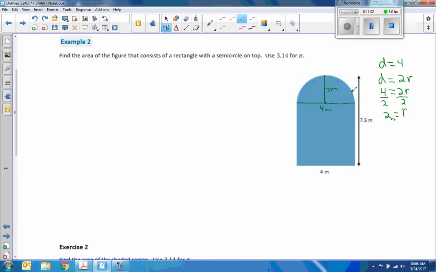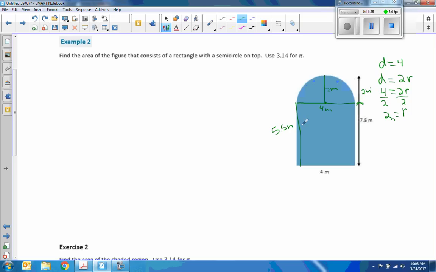So since that distance from here to here is 2 meters, then this distance down here is 7.5 minus that 2. So this side from here to here is 5.5 meters. Okay, because 5.5 plus 2 more is 7.5.